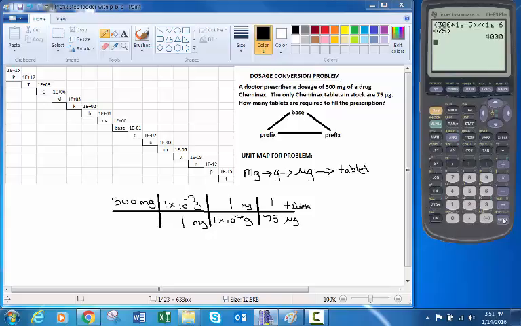In order to fill this prescription, we will need 4,000 tablets. So our answer here is 4,000 tablets.